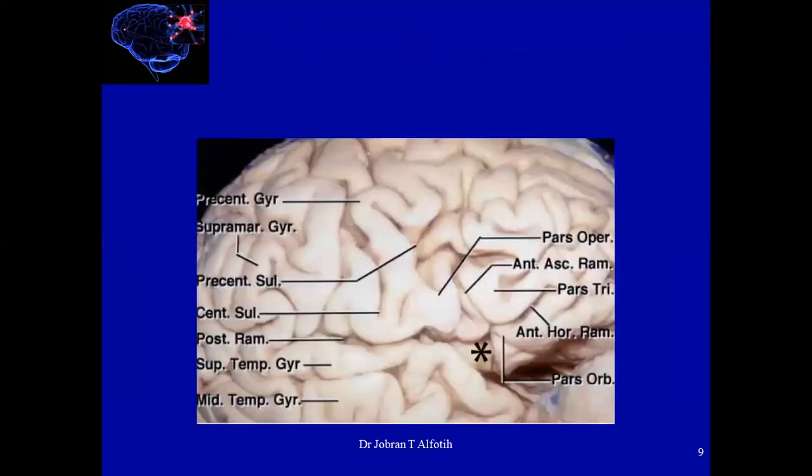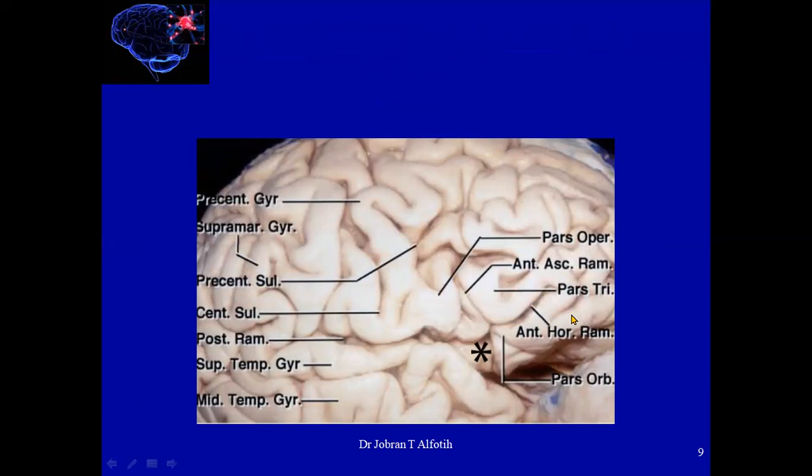Here is another picture from Broughton's book, and we can see here the sylvian fissure, here the anterior ascending ramus of the fissure, and here also the anterior horizontal ramus. Between the anterior horizontal and ascending rami, we have the pars triangularis.